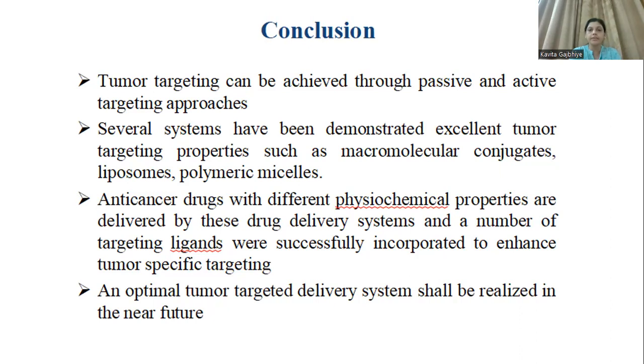Anti-cancer drugs with specific physicochemical properties are delivered by these drug delivery systems, and a number of targeting ligands were successfully incorporated to enhance tumor-specific targeting. An optimal tumor-targeted delivery system shall be realized in the near future.